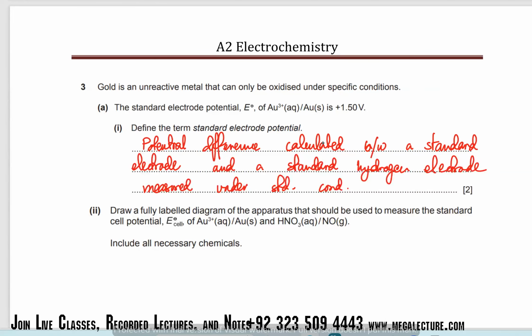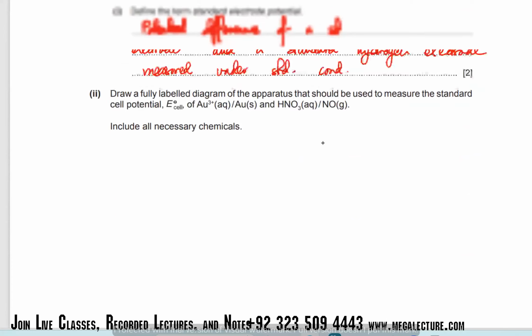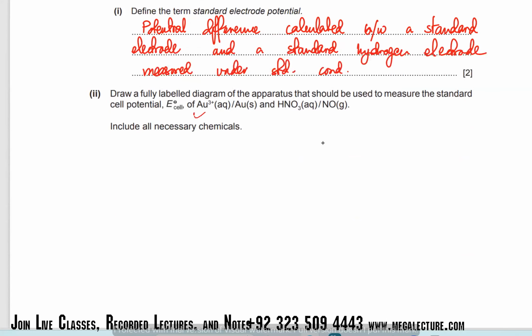That's about it. So as the next one, there's a drawing. Remember, drawing is again 4 marks. He's saying draw this electrochemical cell. These are two different electrodes. One of them involves ions. It's a metal and metal ion. So the electrode will be made out of metal, which in this case is Au. And the ions will be part of the solution.